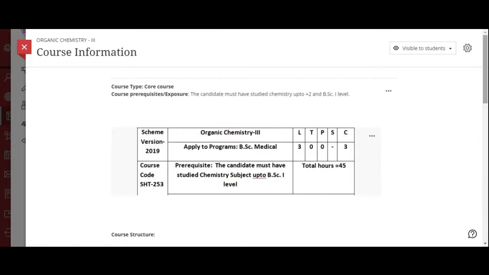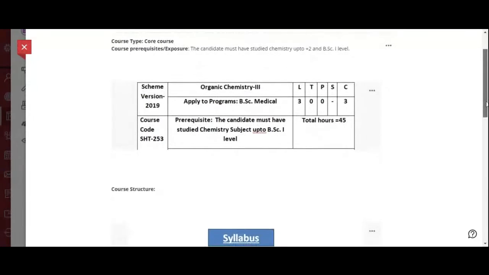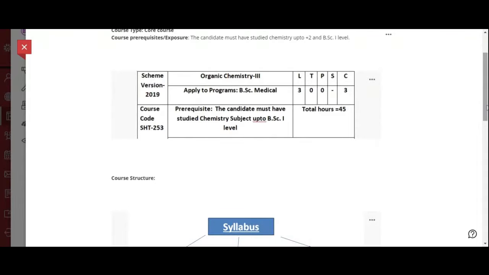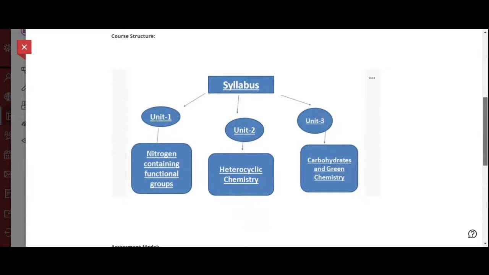Core course is this. Okay, and the course code is SHT 253, and you must have the knowledge of organic chemistry or chemistry subject up to BSc 1 level. Okay, this is the syllabus.